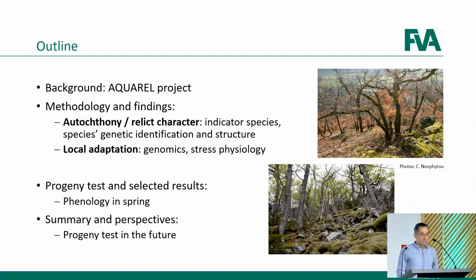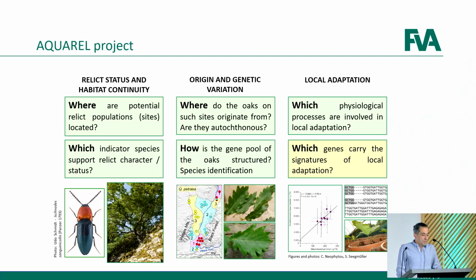As an outcome of the project, we recently established a progeny test, which we expect to be able to convert into a seedling seed orchard in future. And yes, I would like to show you the main results and discuss a bit the perspective in terms of breeding. So these are the main questions we have.